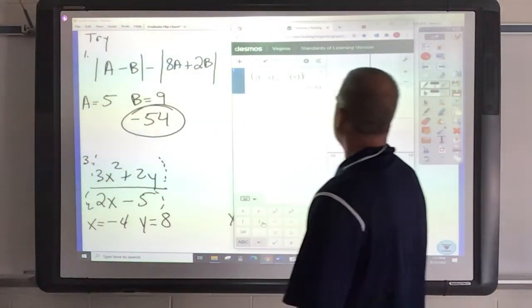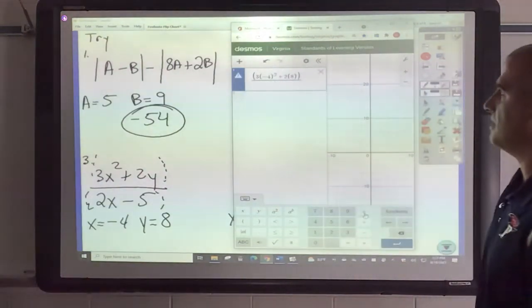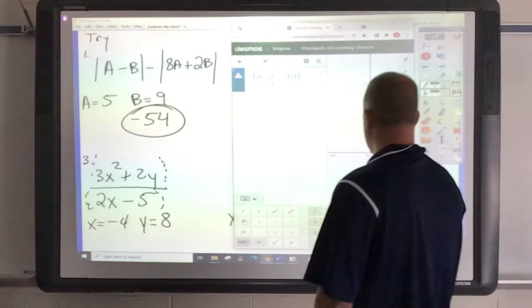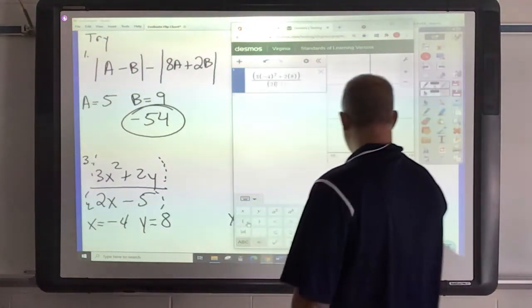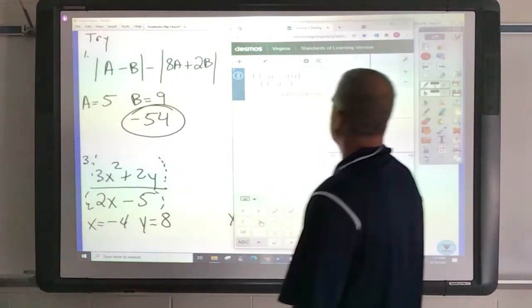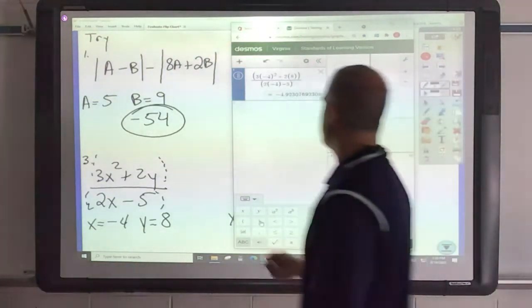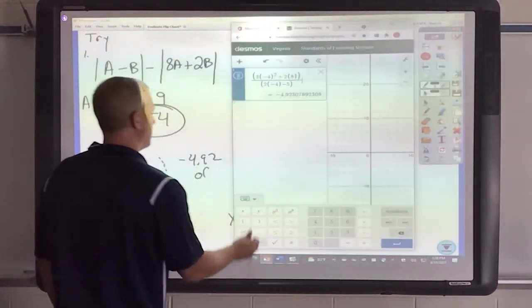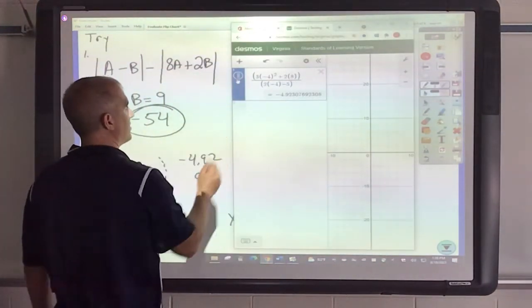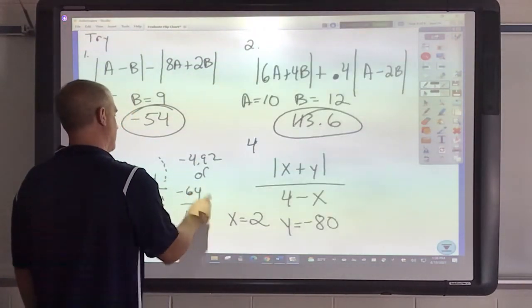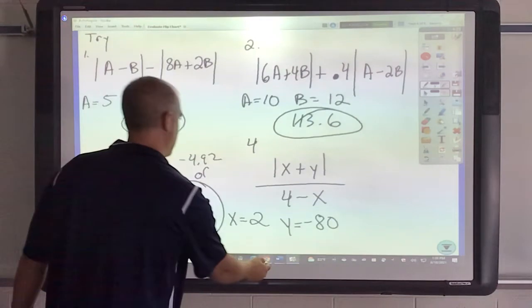Extra set, divided by. That's how you get the fraction. Parentheses, 2, parentheses, -4, -5, and close it. You get this crazy decimal of -4.92. I would accept that as an answer. Or you get this fraction button, -64/13. Either answer is acceptable.